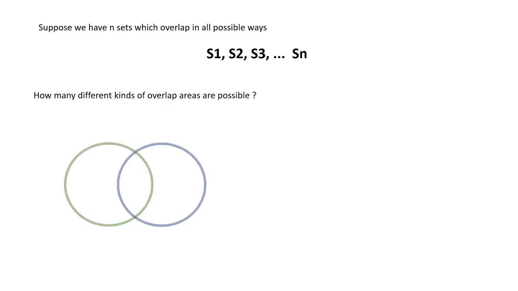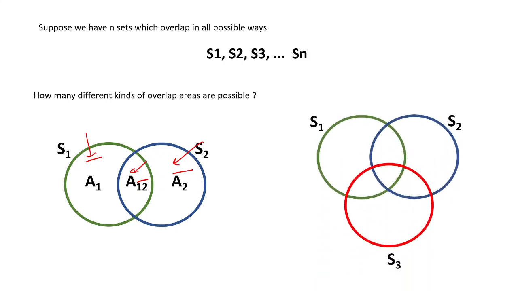In 2 sets you have 3 different areas, and these areas are exclusive areas. So A1, A2, and A1,2. In 3 sets we have A1, A2, A3, then 3 more, and A1,2,3, so 3, 3, 1, which is 7 areas. So what is the pattern here?